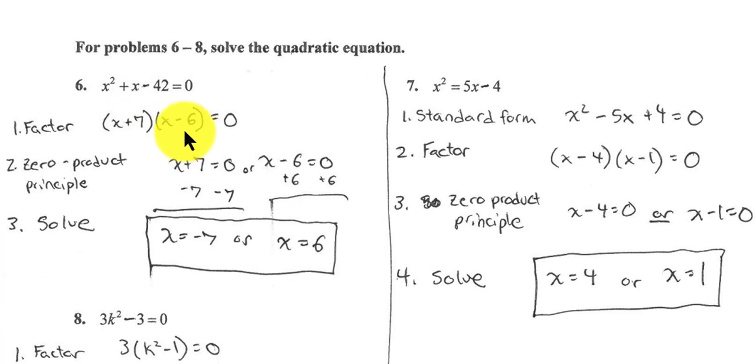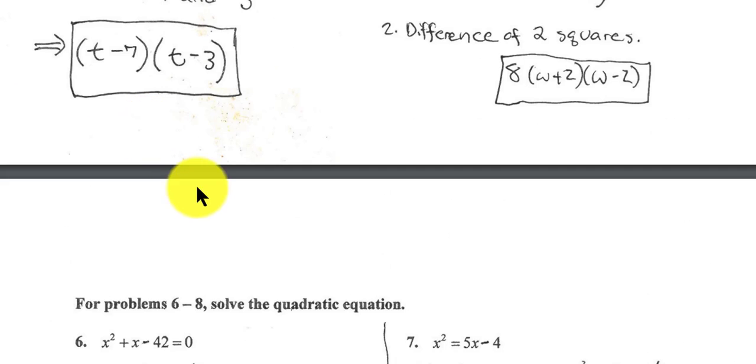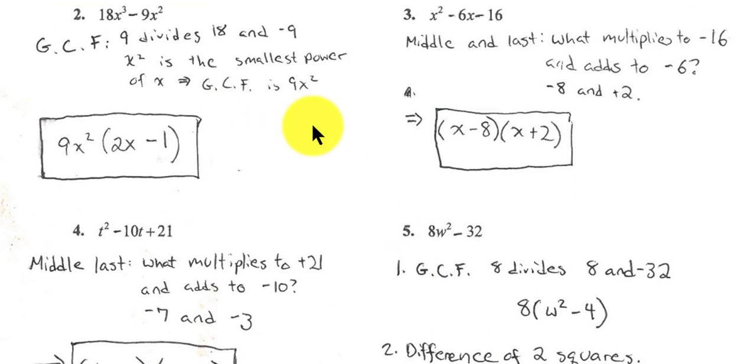And then after you factor, to solve, you're saying, what value of x would result in 0? If I put in a negative 7 here, negative 7 plus 7 would give me 0. So x equals negative 7 is the answer. And if I put a positive 6 here, 6 minus 6 equals 0, so positive 6 is an answer. So you have to go a step further with problems 6, 7, and 8 compared to 2 through 5.